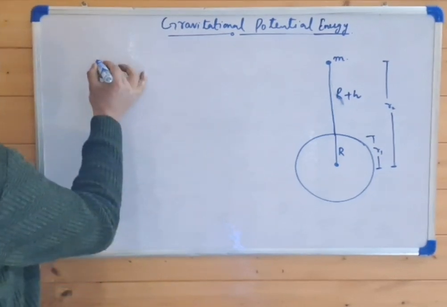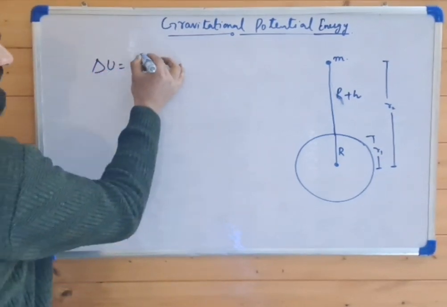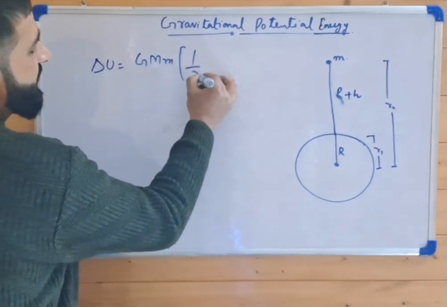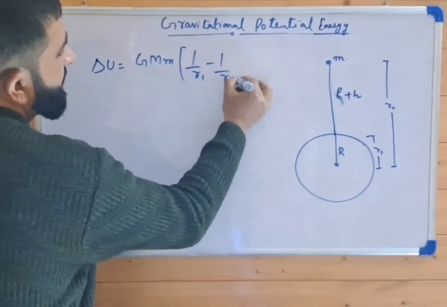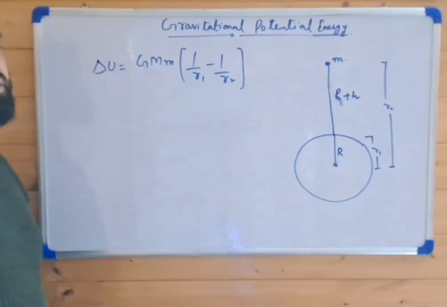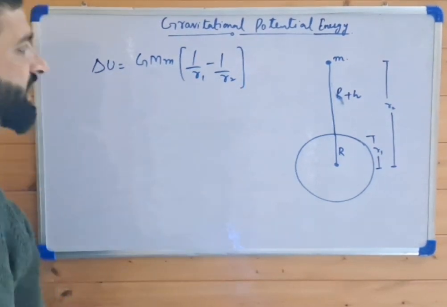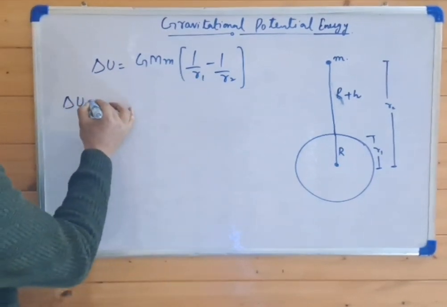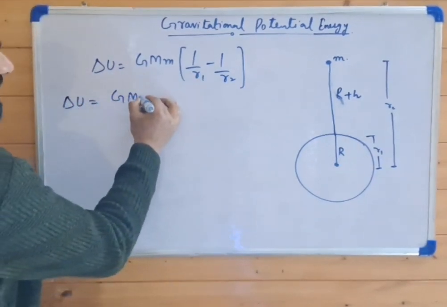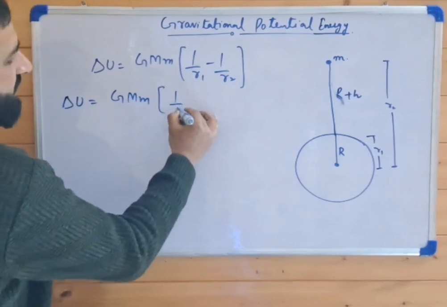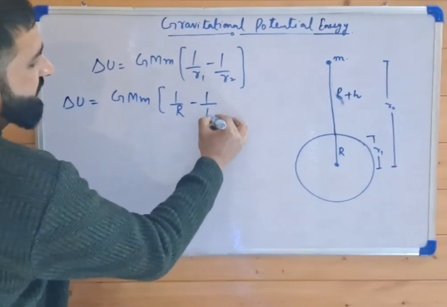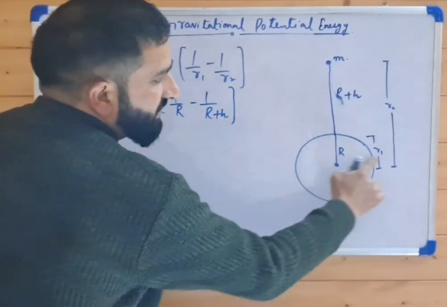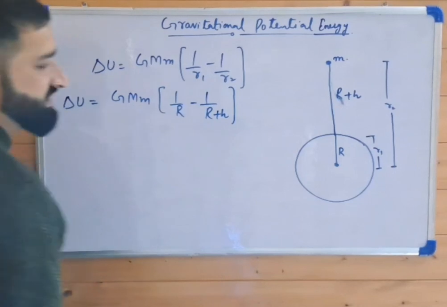As already discussed, the change in potential energy will be equal to GMm into 1 by R1 minus 1 by R2. Now we will substitute the values of R1 and R2. The change in potential energy delta U will be equal to GMm into 1 by R minus 1 by R plus h, because R1 is equal to capital R, R2 is equal to R plus h.